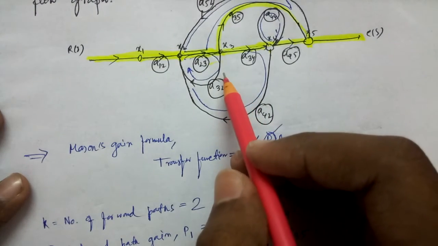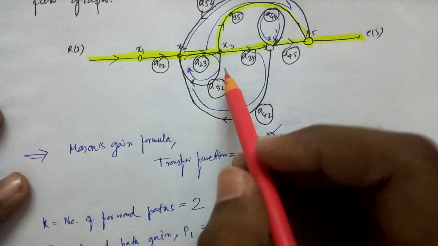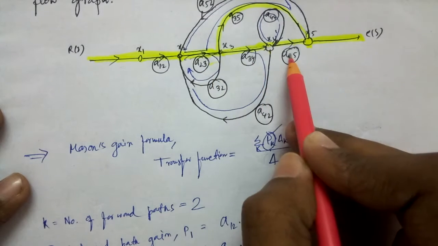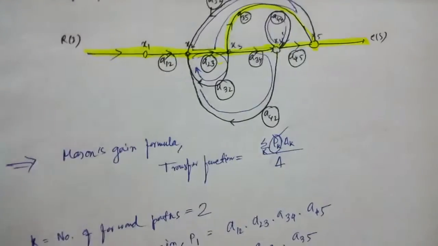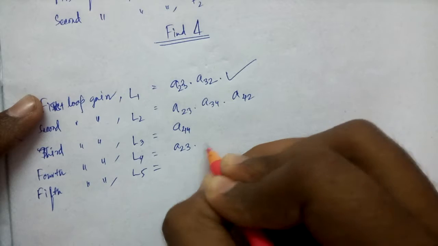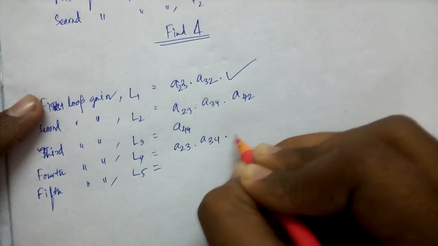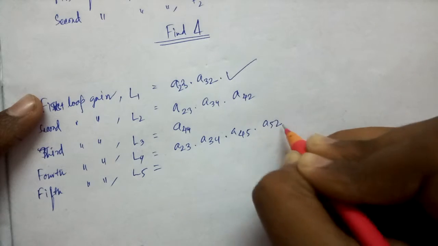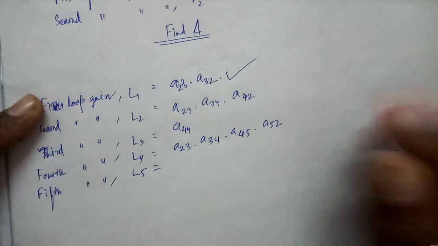Now the fourth loop gain, that is a23 a34 a45 a52.